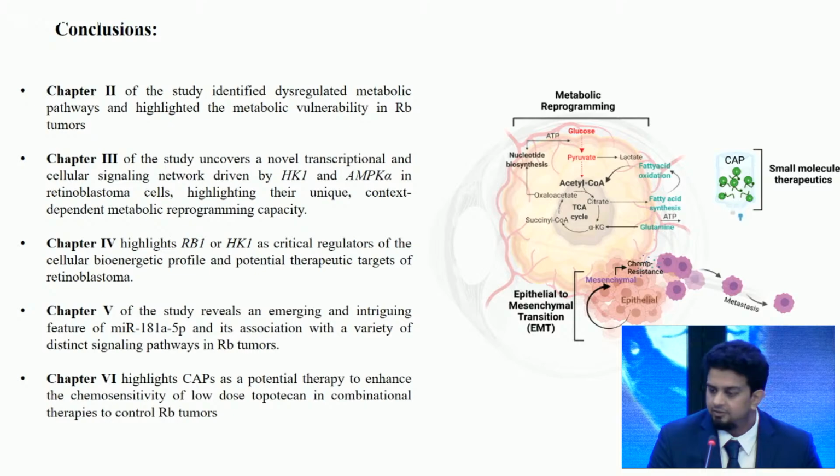And chapter 5 of the study identifies microRNA 185 as a novel, intriguing target which can be used for targeting metastatic retinoblastoma tumors. And in chapter 5, we highlight the cationic peptides as a potential therapy to enhance chemosensitivity of low-dose chemo drugs in combination therapy to control RB tumors.